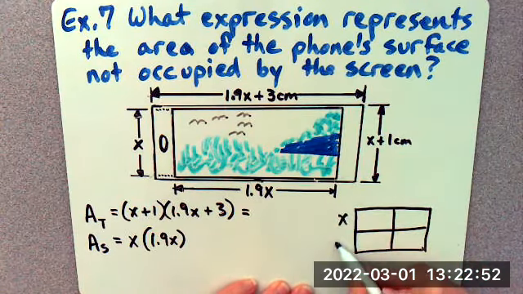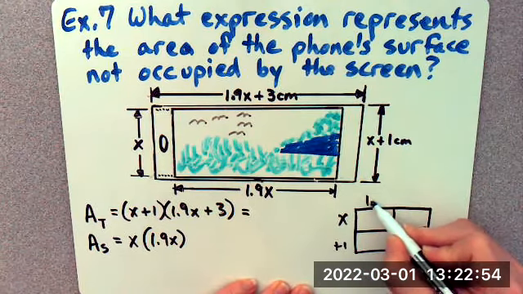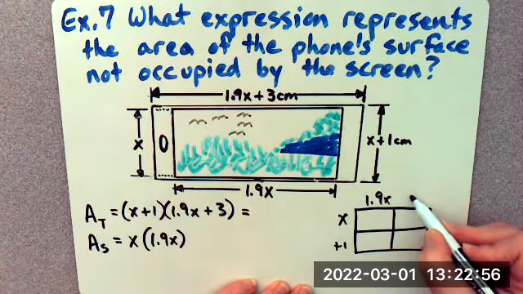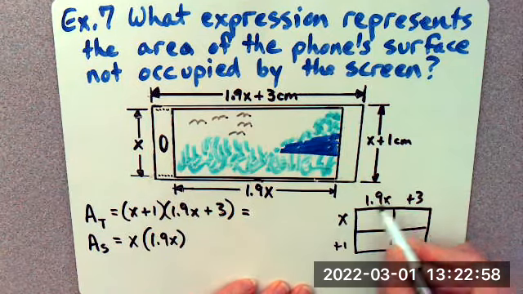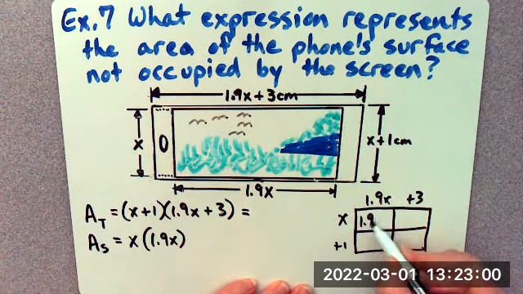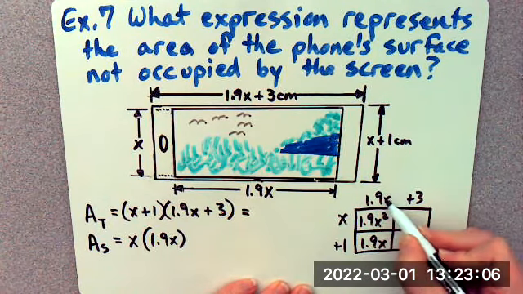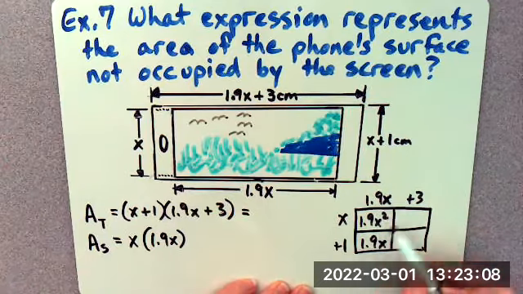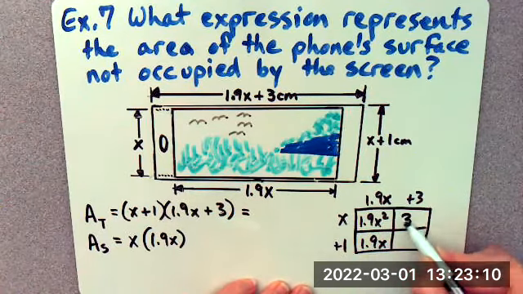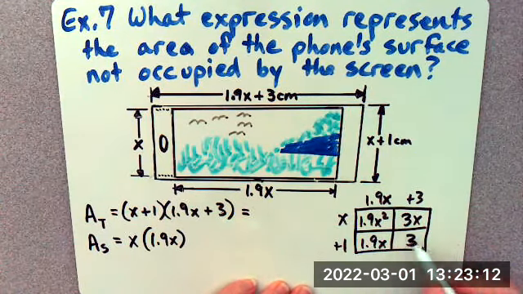So you have x plus 1 and 1.9x and 3. This gives me 1.9x squared. This gives me 1.9x. And then this is just 3x and this is 3.